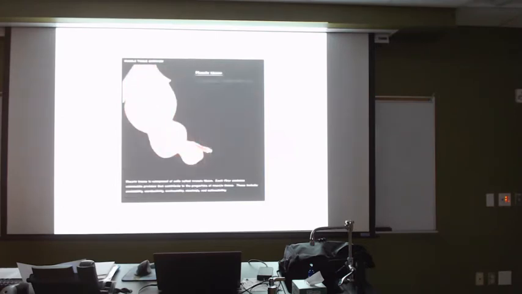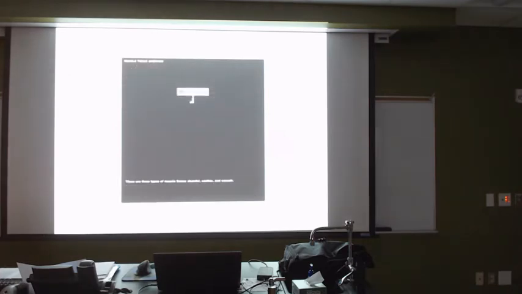Muscle tissue is composed of cells called muscle fibers. Each fiber contains contractile proteins that contribute to the properties of muscle tissue. These include excitability, conductivity, contractility, elasticity, and extensibility.